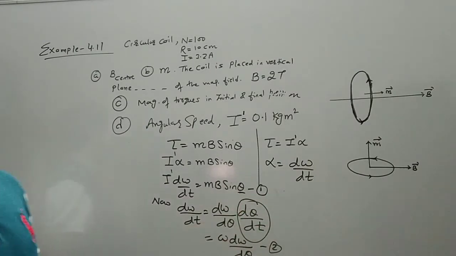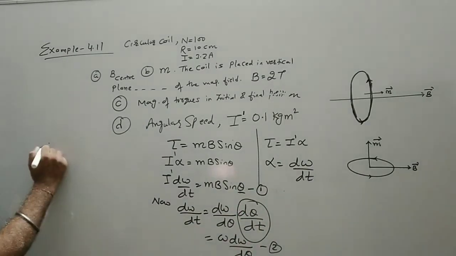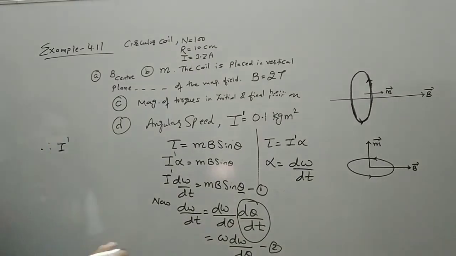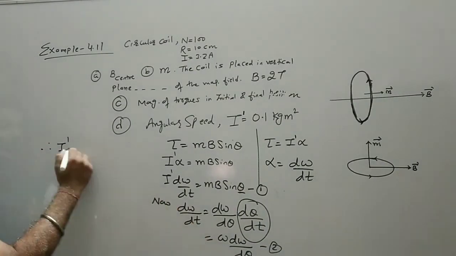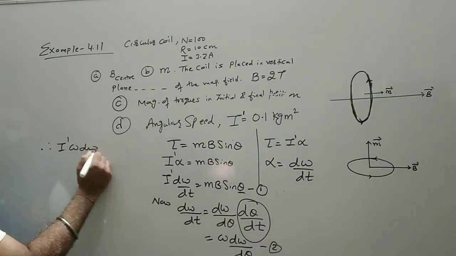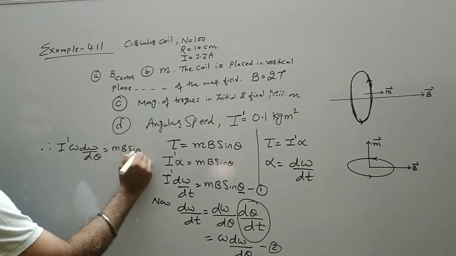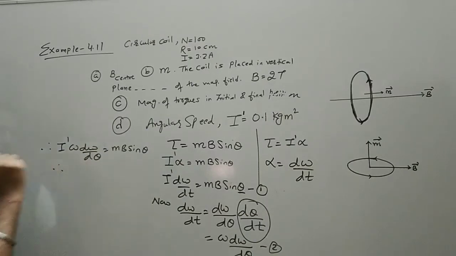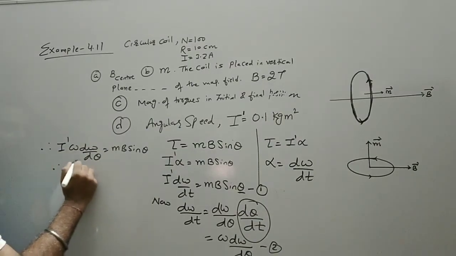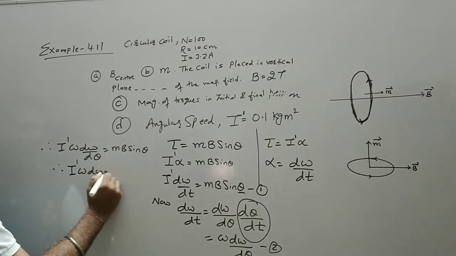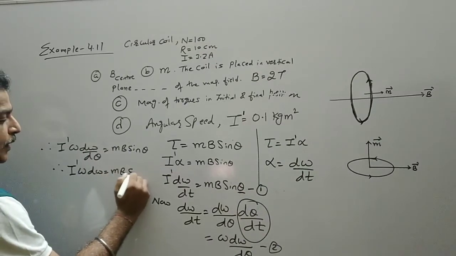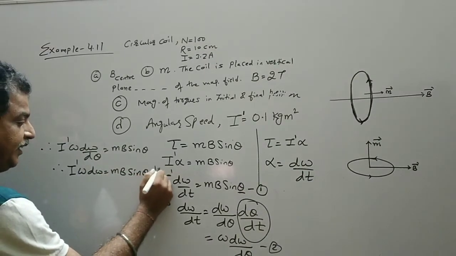Here we have angular displacement. Therefore I', in the place of d omega by dt we have omega d omega upon d theta, is equal to mB sin theta. Therefore I' omega d omega is equal to mB sin theta d theta.